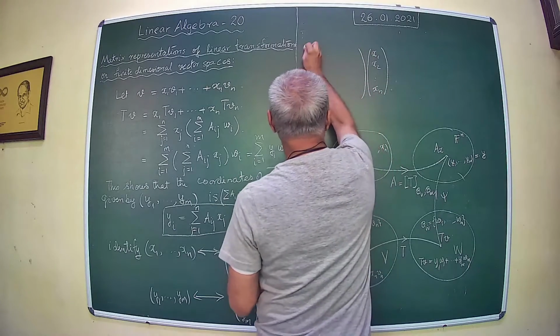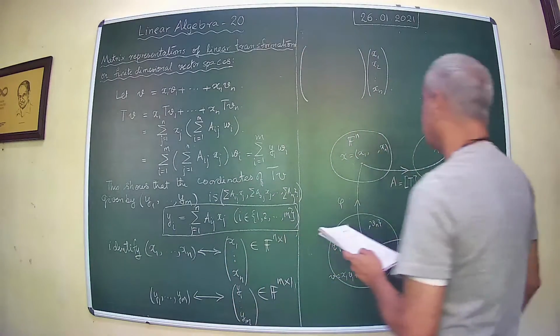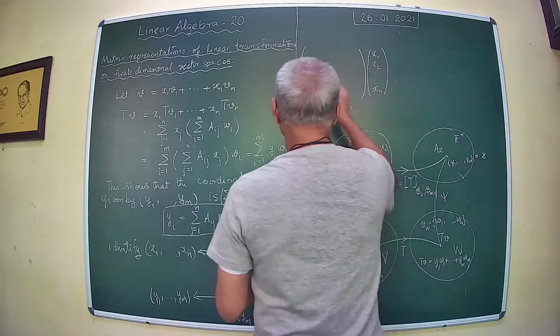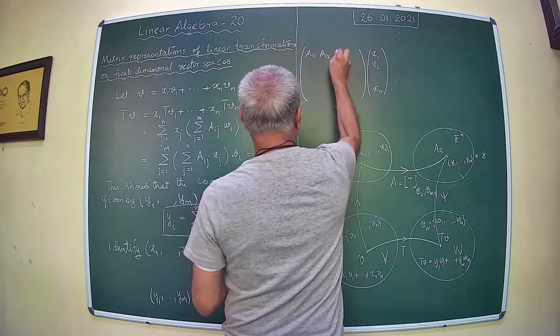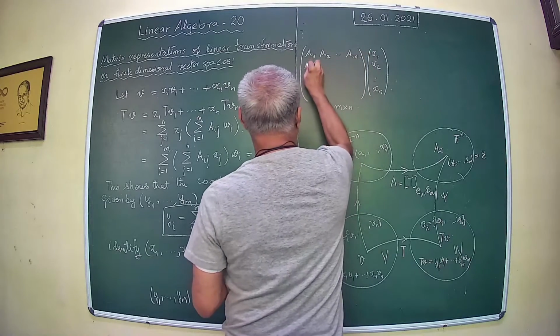Multiply by the m by n matrix a11, a12, a1n, a21.